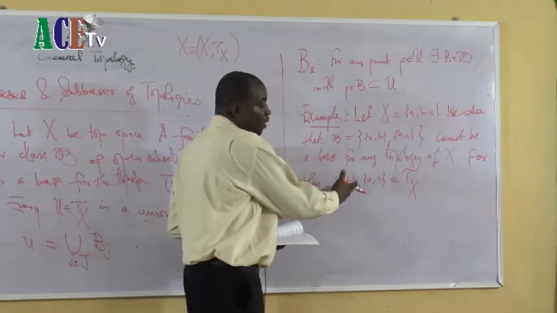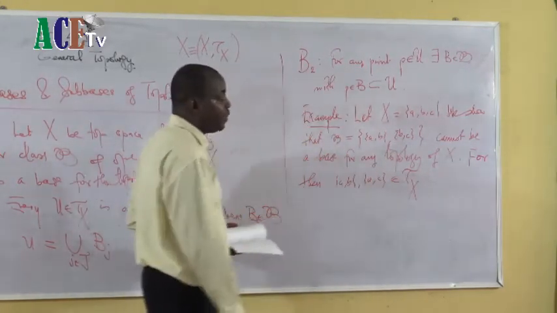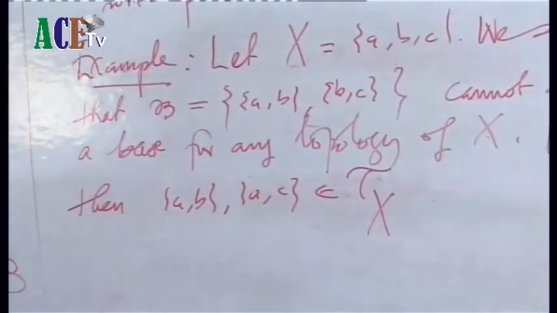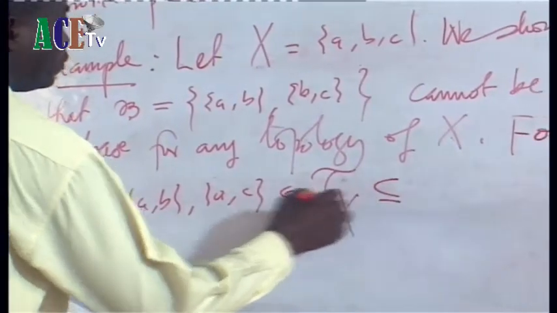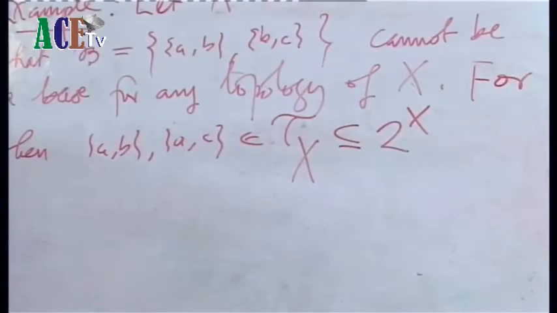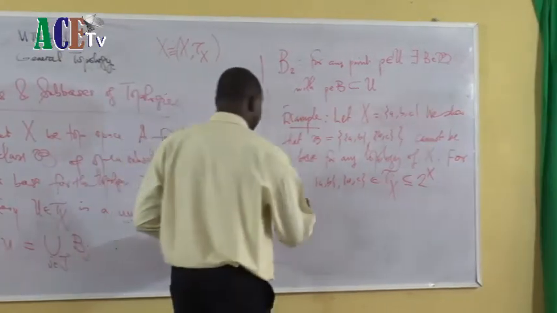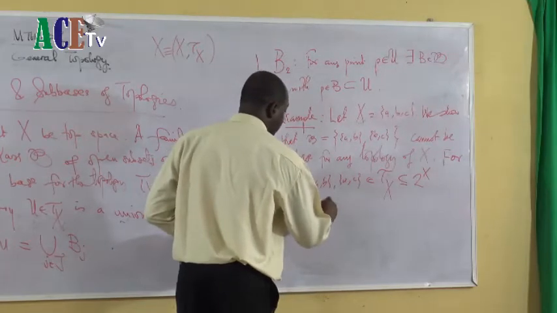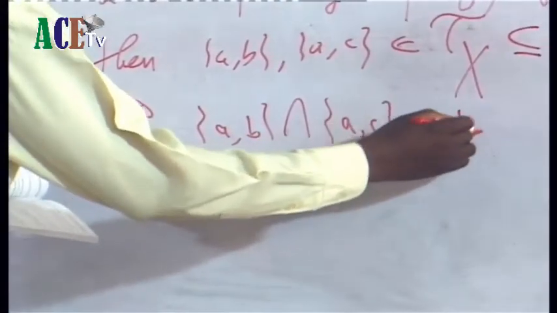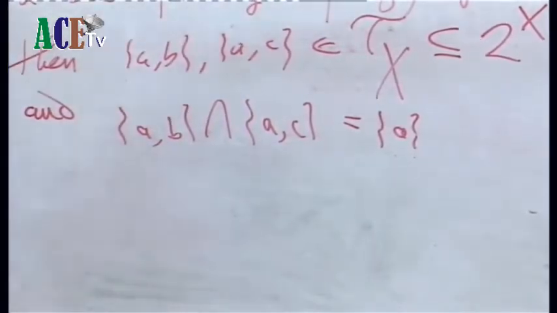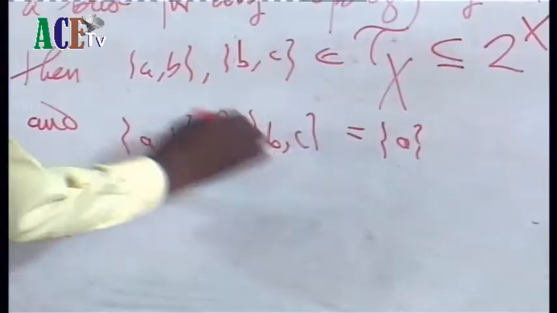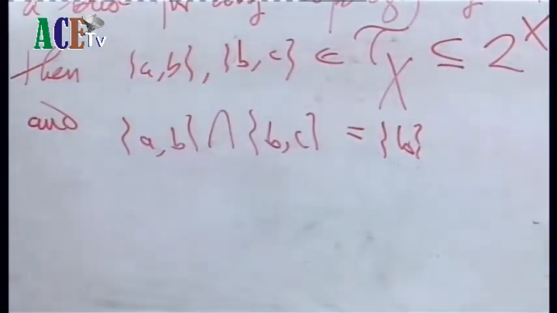So you can see, if we assume that this is a base of the topology on X, then these two must be members of the topology on X, which of course is a subset of the power set of X. And the intersection of AB and BC is the singleton B. Sorry, it's B here, please.